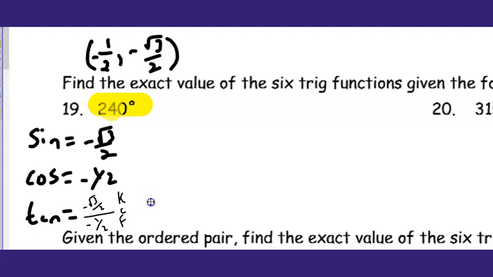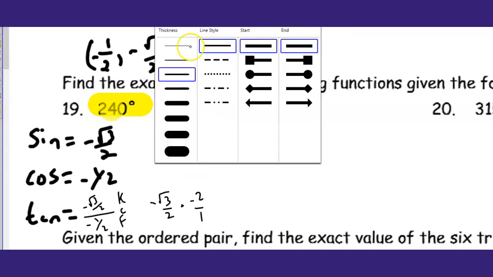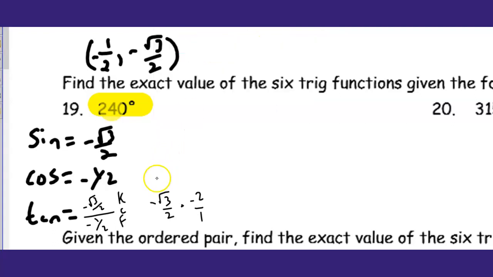So keep the top, change the division to multiplication, and flip that. A couple of things happen here. The negative cancels out, and the 2's cancel out. So I'm left with radical 3 over 1, which is radical 3. So tangent is radical 3.